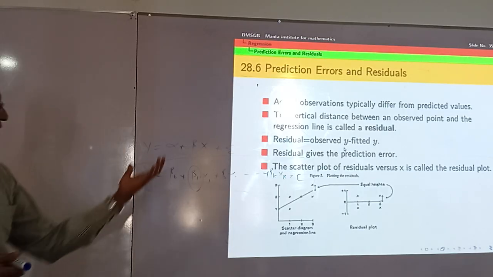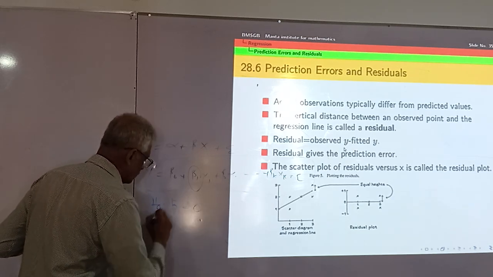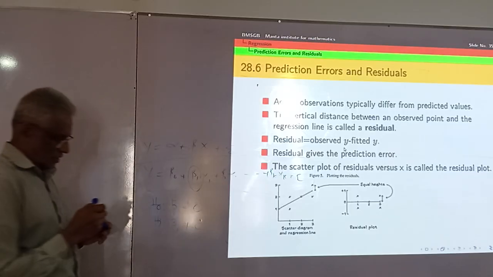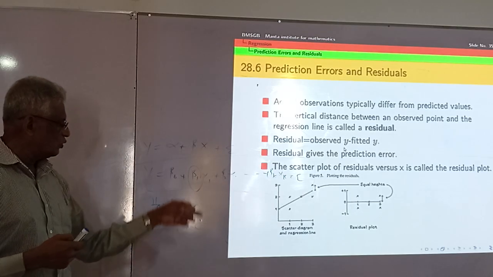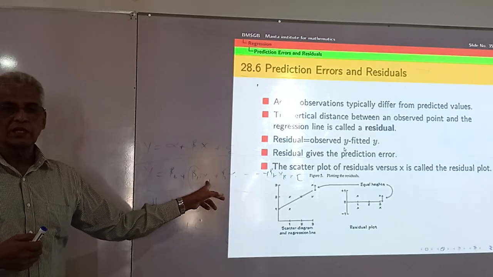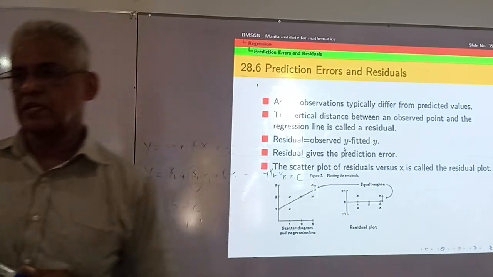We carry out the hypothesis H0: beta 1 is equal to 0 versus H1: beta 1 is not equal to 0. If beta 1 equals 0, that means the variable x1 is not important for predicting y.